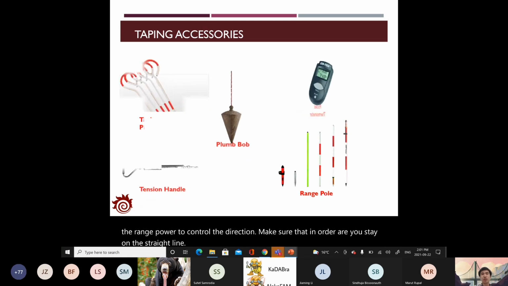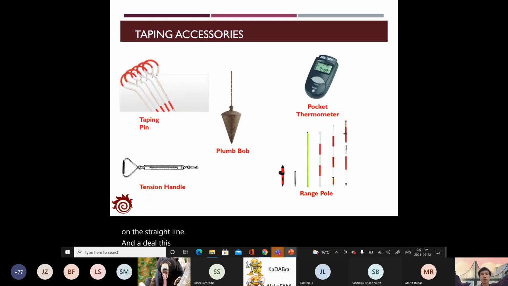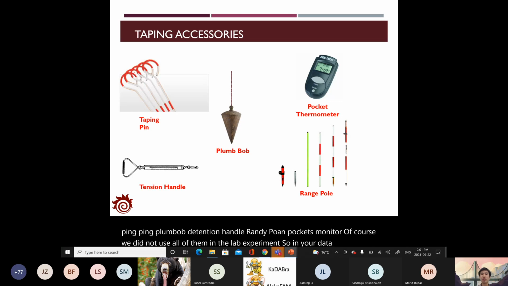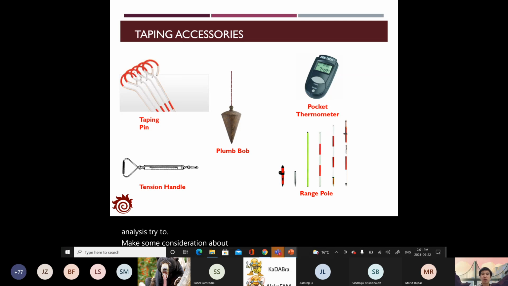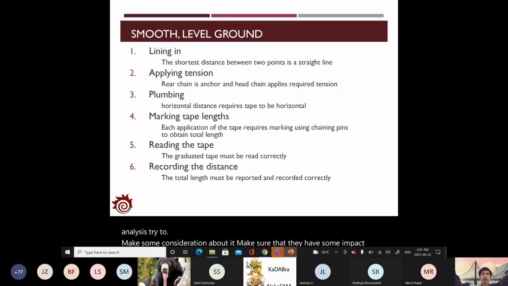These are pictures showing these accessories: the taping pin, plumb bob, tension handle, range pole, and the pocket thermometer. Of course, we did not use all of them in the lab experiment. So in your data analysis, try to make some consideration about it. Make sure that you know they have some impact on your measurement result.